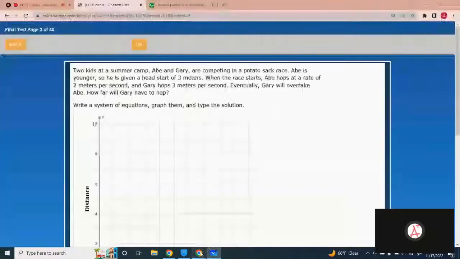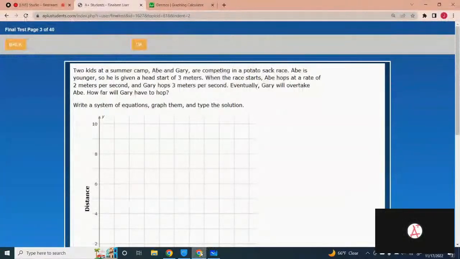And the second equation is Abe hops at a rate of 2 meters per second and Gray hops 3 meters per second.